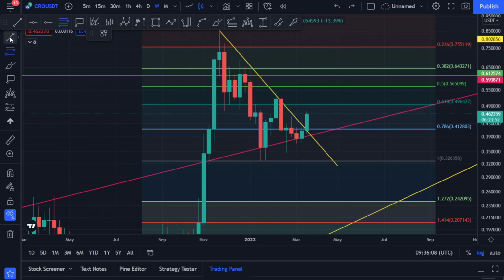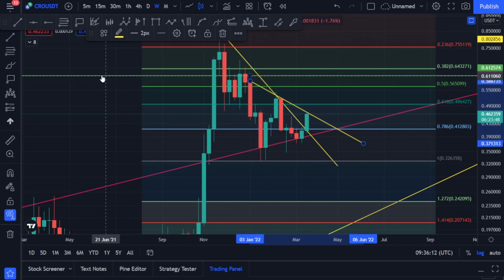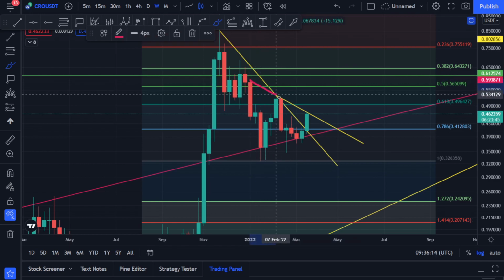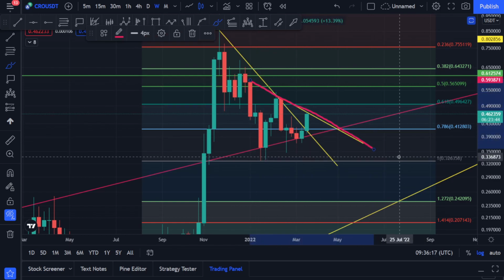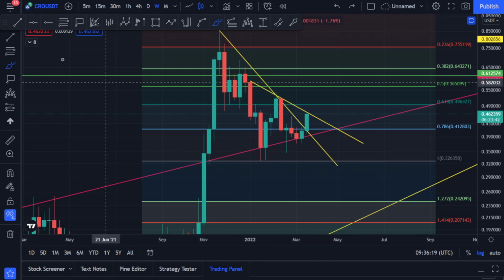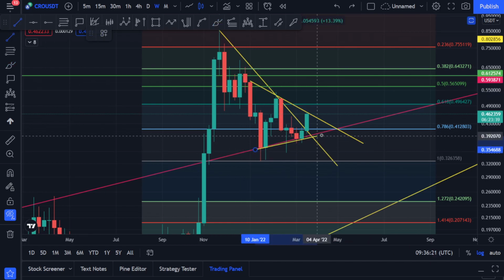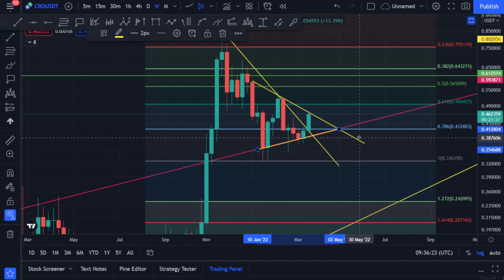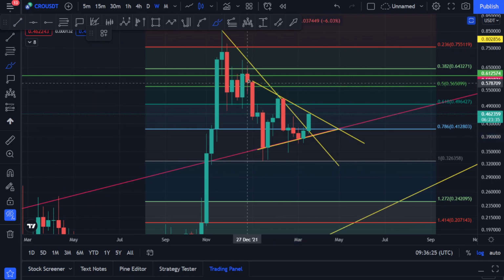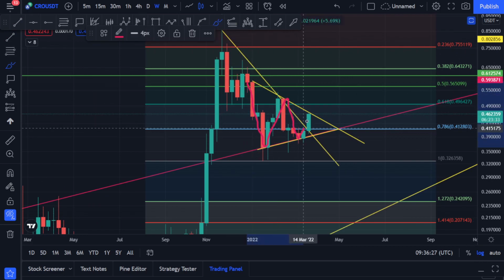If you look at this from this perspective, you can see we are having this resistance over here, and we are having this support from here. You can see a beautiful symmetrical triangle being formed.